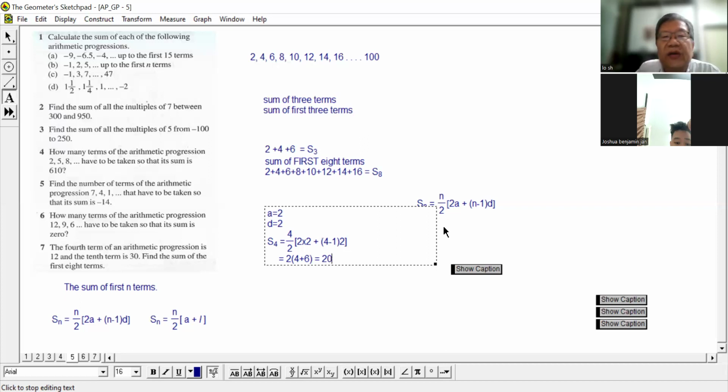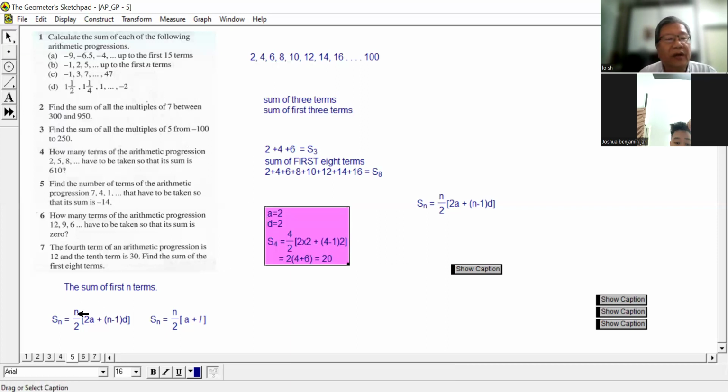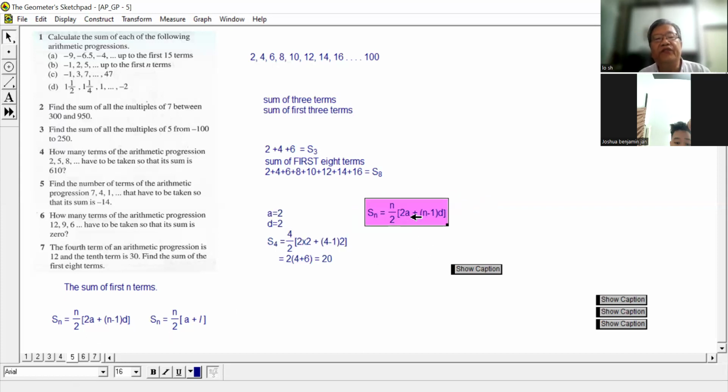Checking: 2 plus 8 is 10, 4 plus 6 is also 10, 10 plus 10 is 20. So this is correct. This shows that the formula n over 2, 2a plus n minus 1 d, is correct.